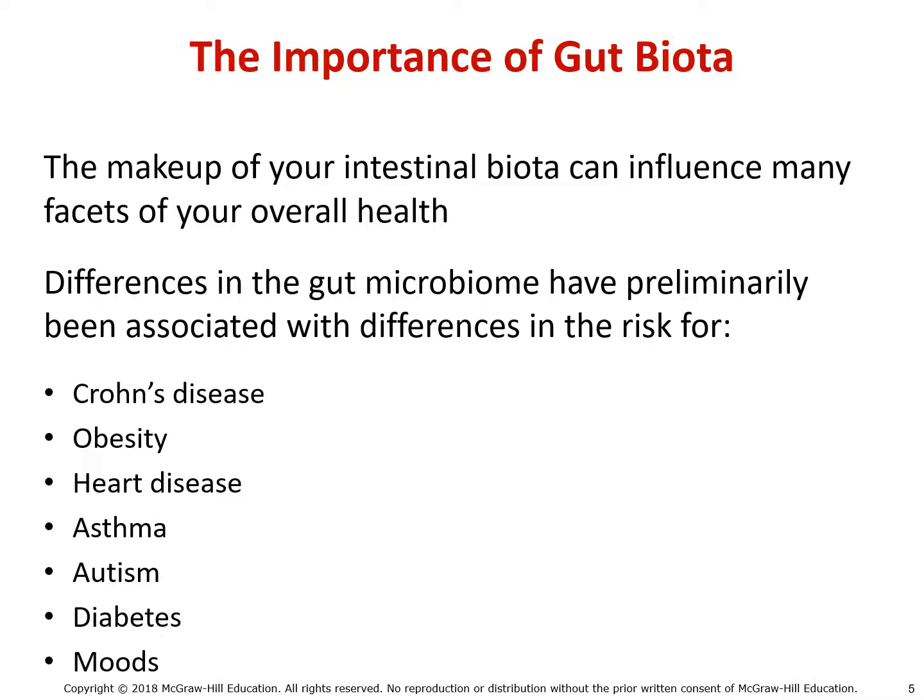But again, having poor gut microbes ultimately leads to potentially things like Crohn's disease or obesity, heart disease, asthma, autism, diabetes, moods. The idea here is that the microbes have a bigger role in our health than we appreciate. And so this is actually good news because we could actually encourage good bacteria to live in specific areas and promote, again, greater health.